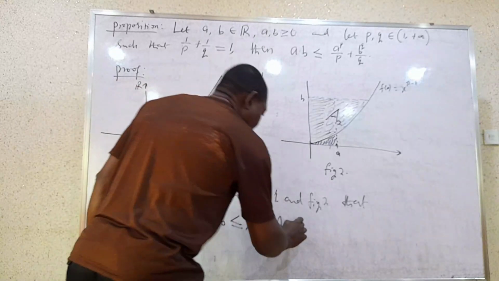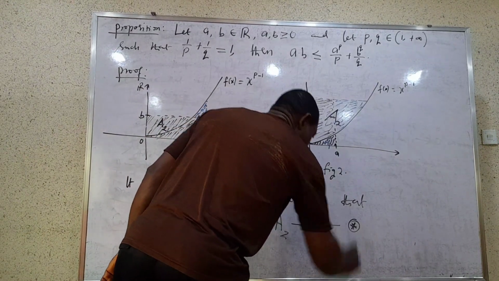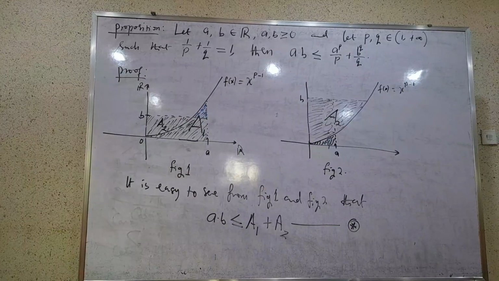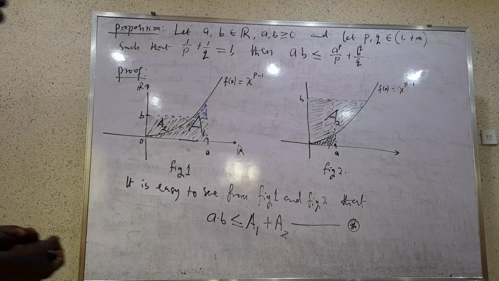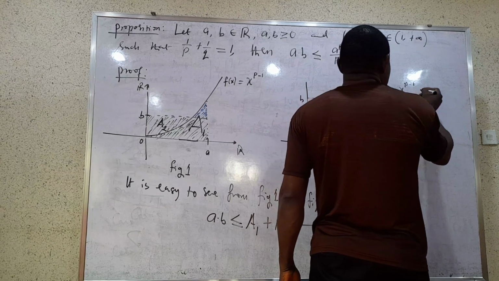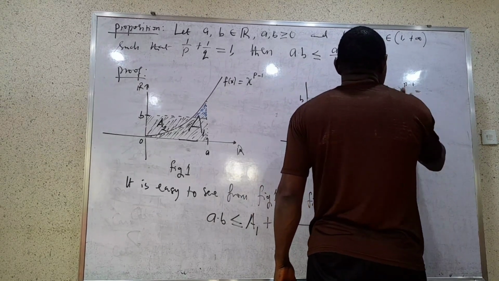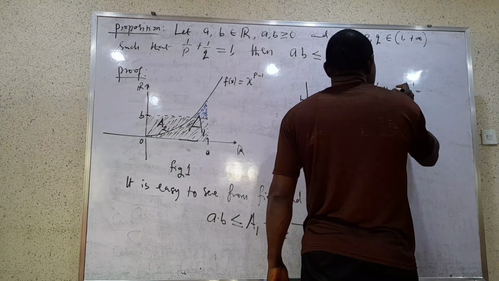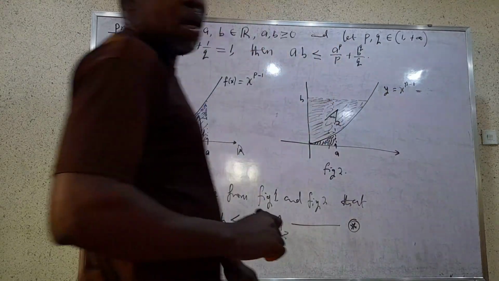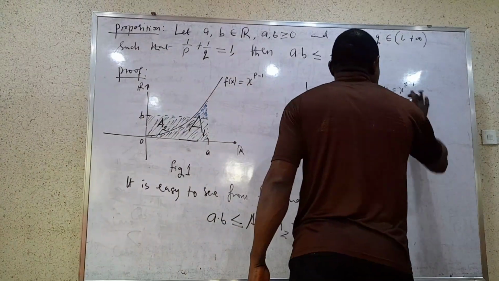A2. I'll call here, say, star. It's less than or equal to A1 plus A2. Here, this now I'm calling f of x, I can still call it what? Y. Let me even use the notation y equals x raised to p minus 1. I think I'm doing it for a purpose.